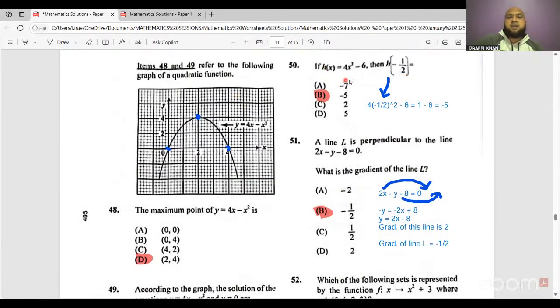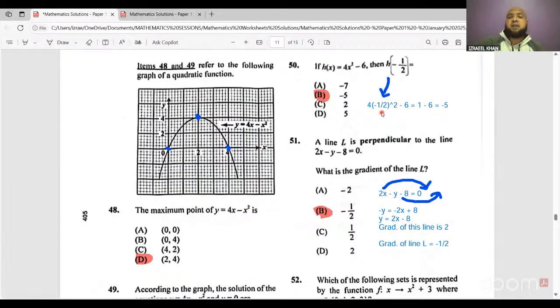50. h of x is 4x squared minus 6. So what's h of minus a half? Substitute minus a half into the equation for x. It'll be 4 by minus a half squared minus 6. Minus a half squared is minus a half by minus a half. That would give me a quarter, and 4 by a quarter would give me 1.